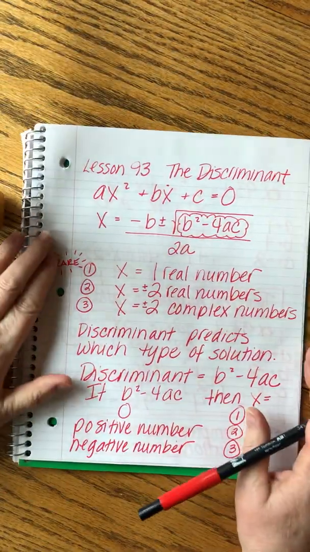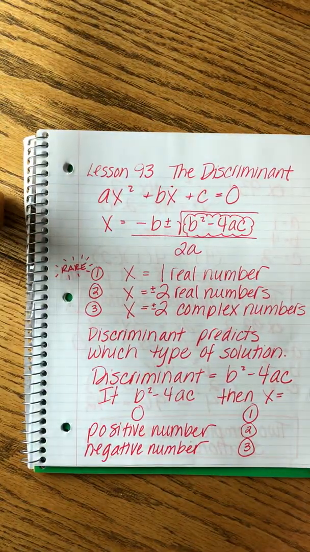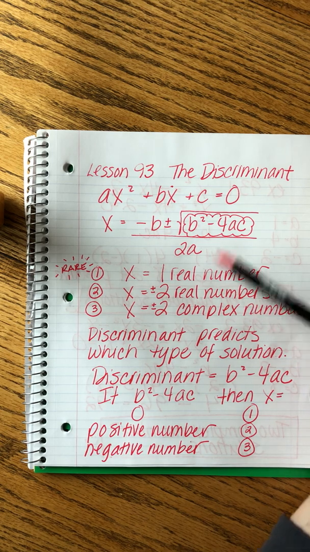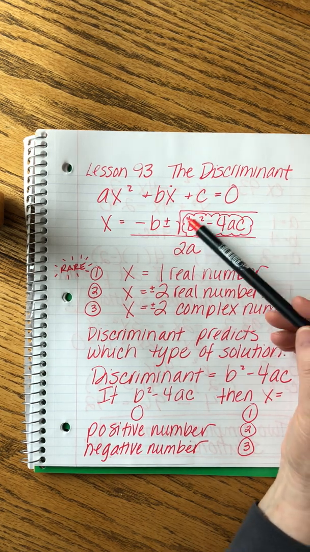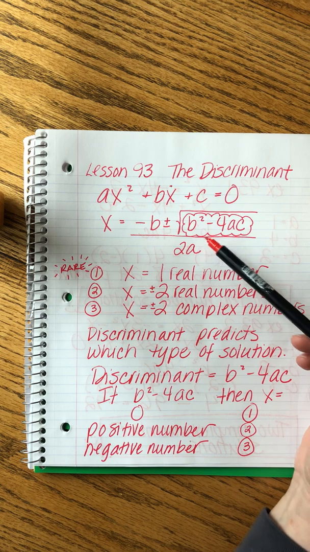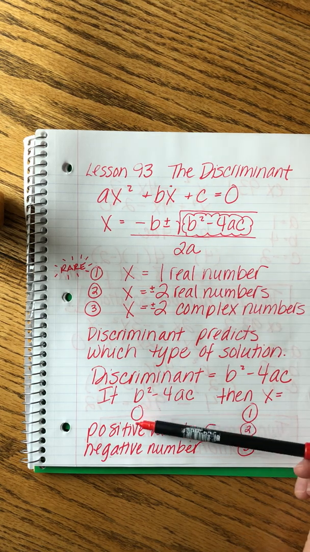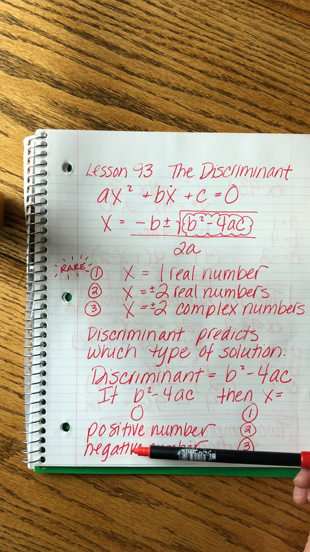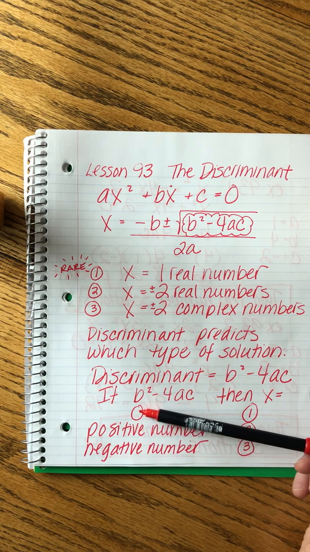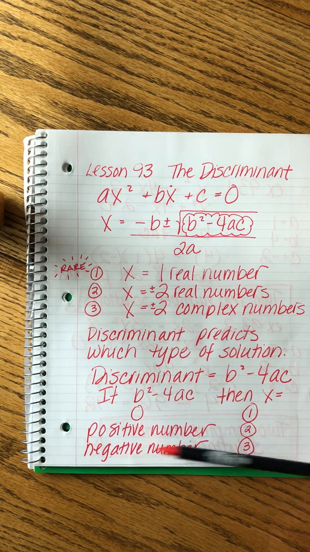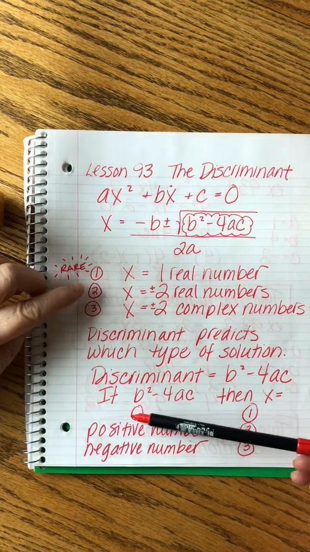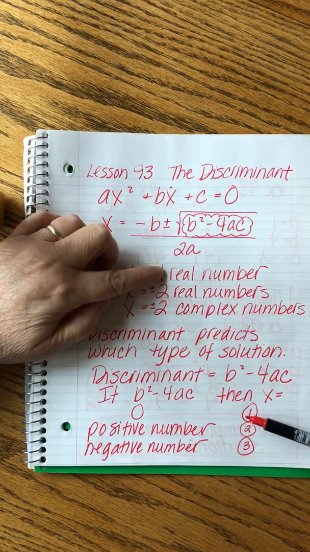What most students do, the fatal flaw in their logic, most students remember that, oh yeah, this is the discriminant. You just solve that little piece of it. But what they forget is you have to know how to interpret what that means, right? If it's 0, if it's a positive number, or if it's a negative number. If it's 0, it's 1 real number solution.